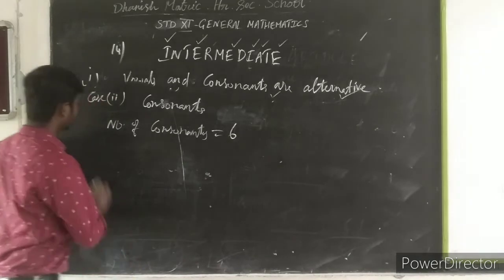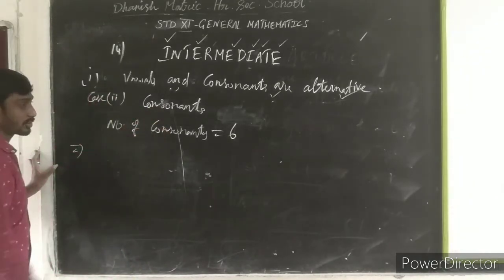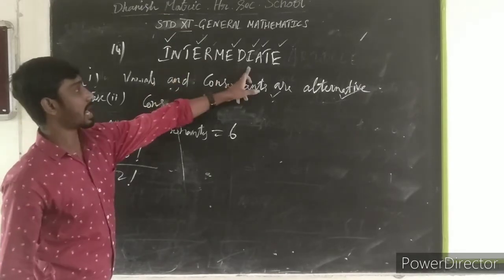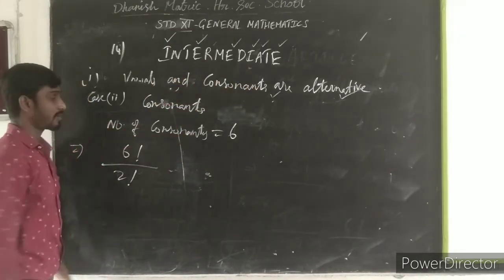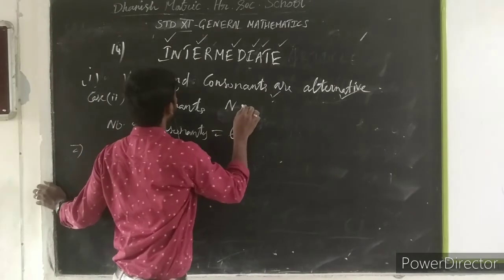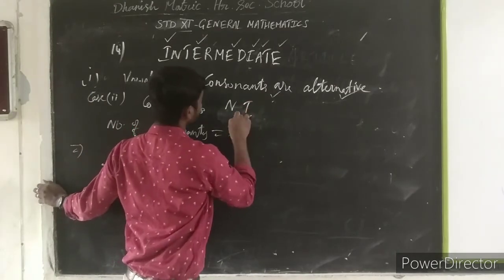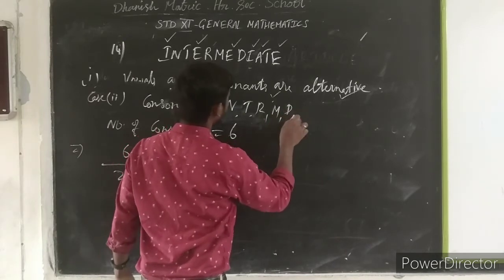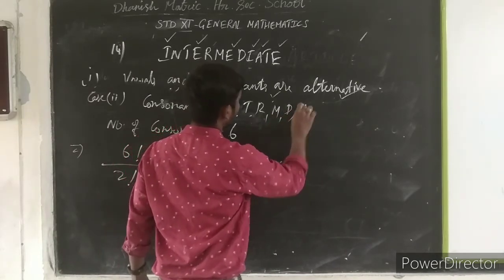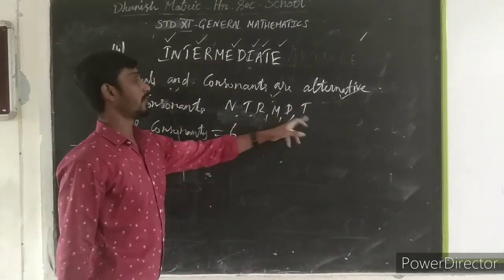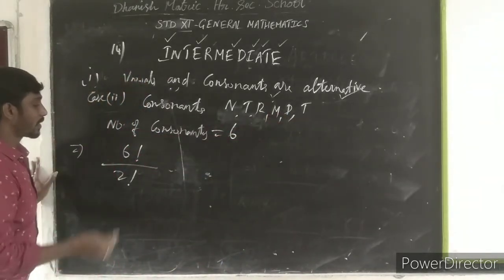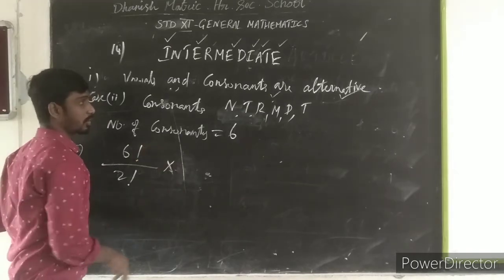So how many values are there? Also write like this: 6 factorial divided by 2 factorial, because we are having only 2 T's. The consonants are N, T, R, M, D, T. So 1, 2, 3, 4, 5, 6. How many repetitions here? There will be 2 factorial.